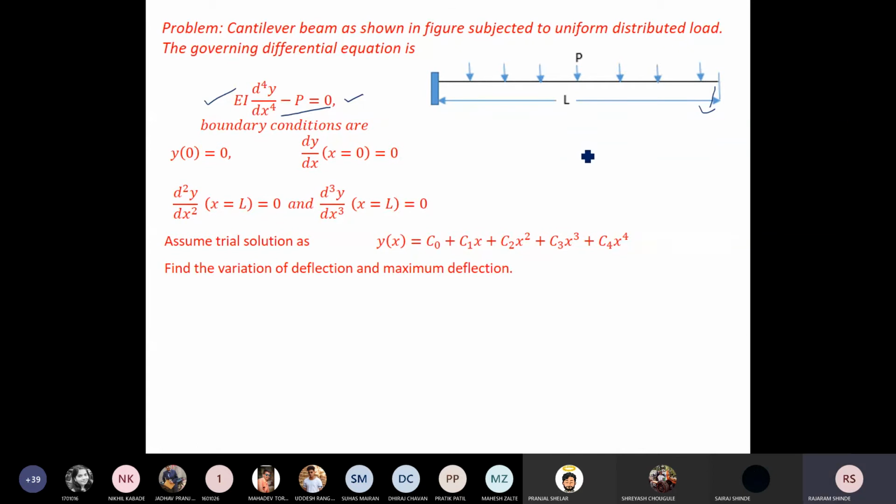The second derivative of the deflection into EI is your moment. The third derivative of the deflection into EI is your shear force. And the fourth derivative of the deflection is the load acting on the beam. You have studied this already.